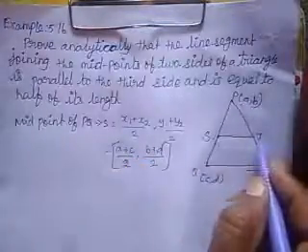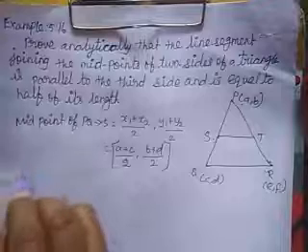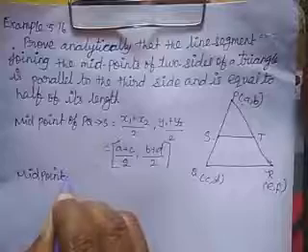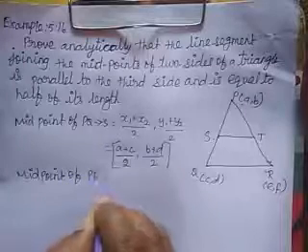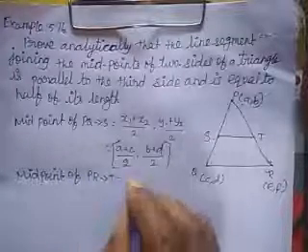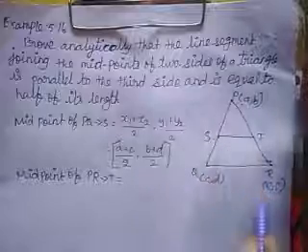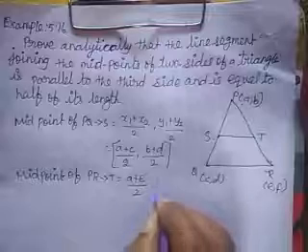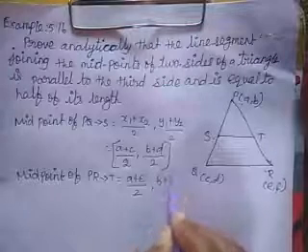Next, find the point of T. That is midpoint of PR. That is also the same formula. That is A plus E by 2, B plus F by 2.